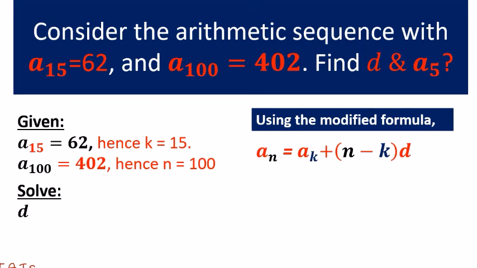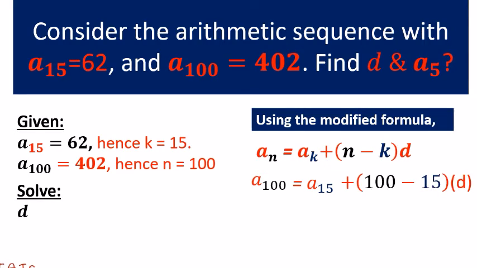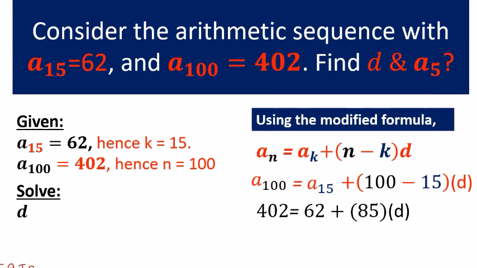Let's say a sub n is a sub 100 and a sub k is a sub 15. Then we have 100 minus 15 multiplied to d as the number of d's being added to a sub 15 to get a sub 100. So continuing with the calculation, we will get d equals 4.